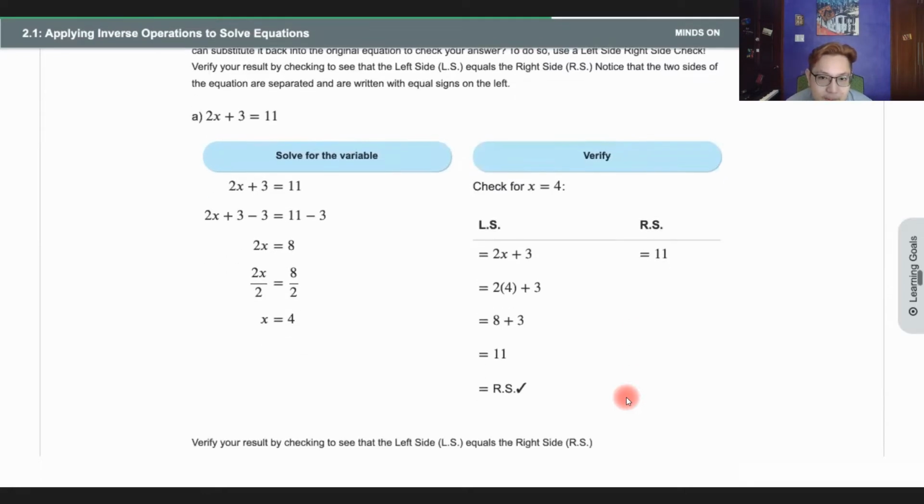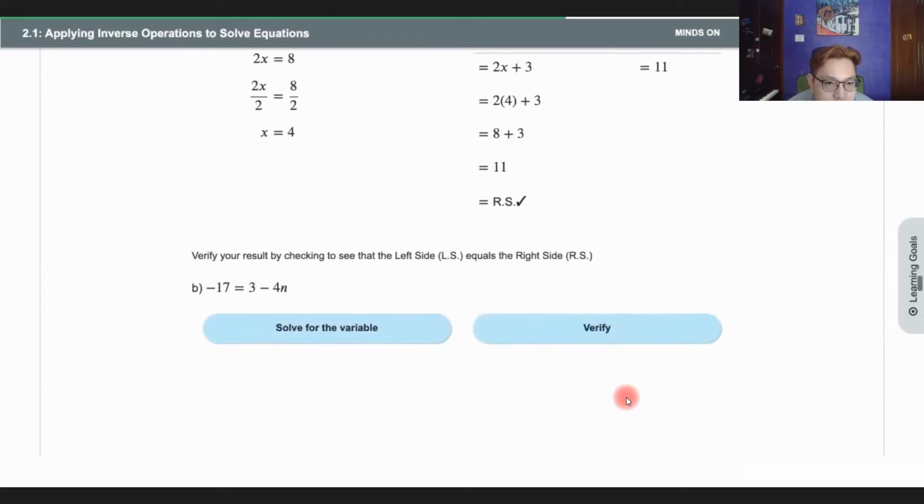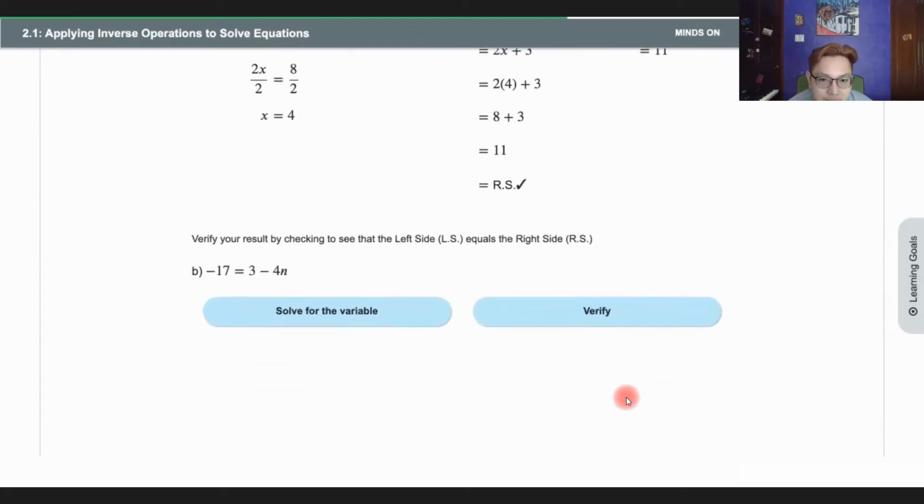Yeah, I understand. Okay, let's move on. Oh wow, this one. This one's negative numbers. I would say that maybe you move the minus 4n to the left, it becomes plus 4n. Sometimes it's tough to deal with a negative, so just move them in a way that it becomes a positive one.